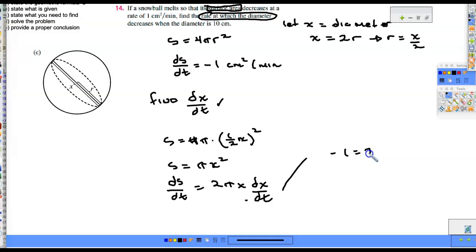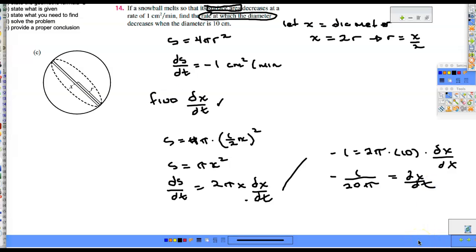This is going to be 2 pi, when the diameter is 10, so x is going to be replaced with 10, times dx/dt. And when you solve for dx/dt, you get -1 over 20 pi is going to equal dx/dt.